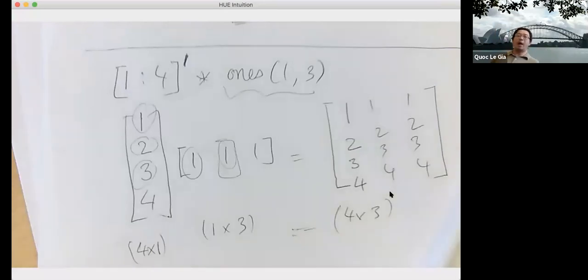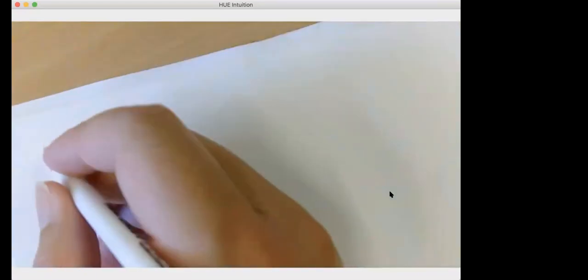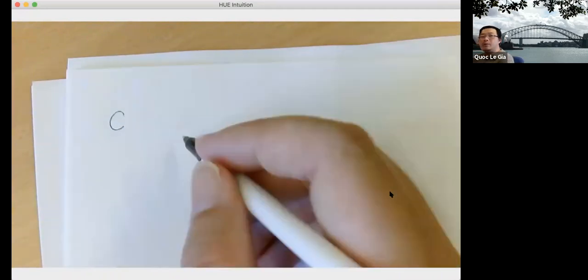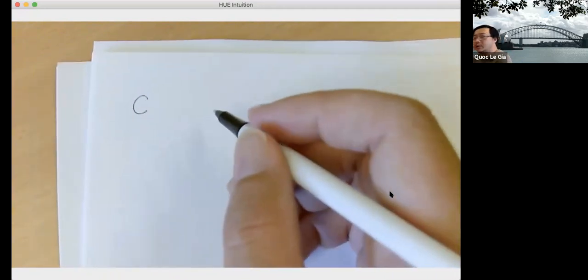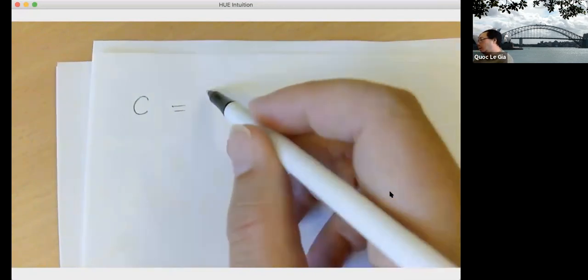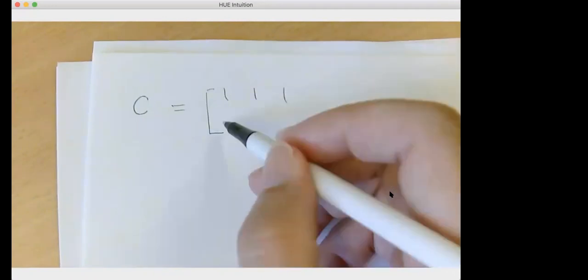So now we have a matrix C. If you remember the command, the matrix C will be 1, 1, 1, 1, 1, 1 here.